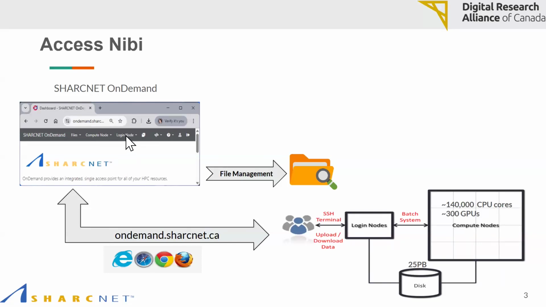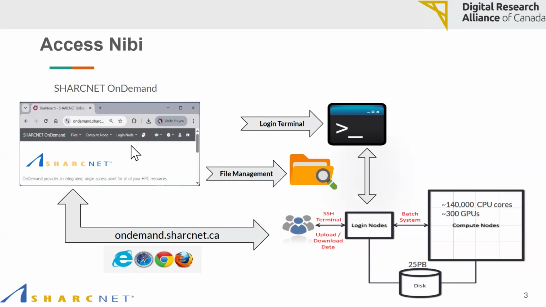With this login node tab here, it provides you access to a login node with a command line terminal, similar to what you usually do through SSH, but this is done in the web browser. So you can run commands to compile your code, submit your jobs, and do anything you normally do in the command line on a login node.